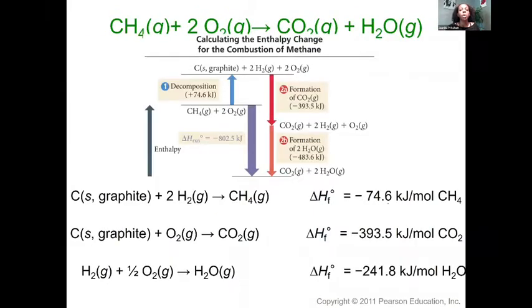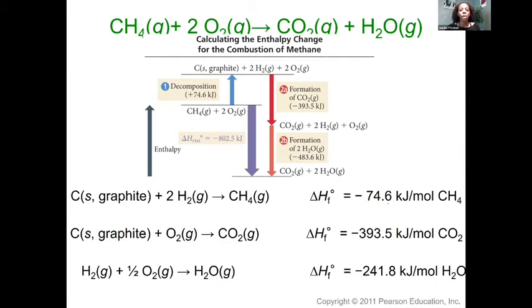Shown here is an example of methane plus oxygen producing carbon dioxide and water. If we break each of these parts down and look up the formation information, you would find on the table that CH4 has a value of negative 74.6 kilojoules.